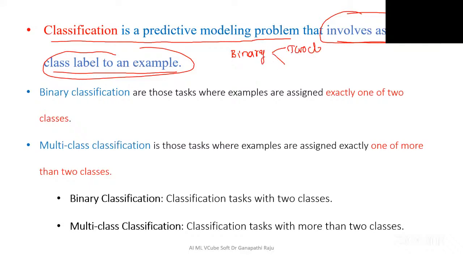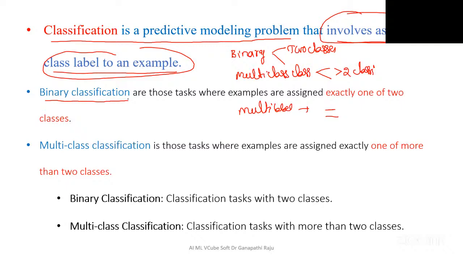The second is multi-class classification, where we have more than two class labels for the target variable. The third is multi-label classification, where instead of giving one label, we give more than one label for the target variable.